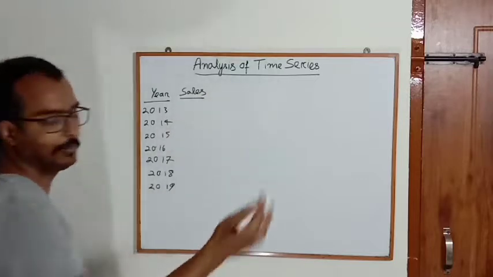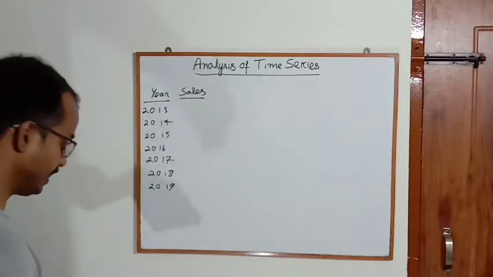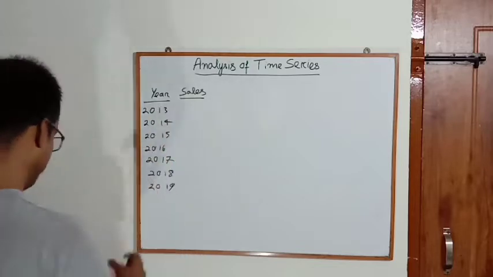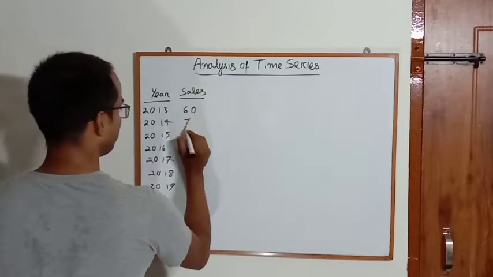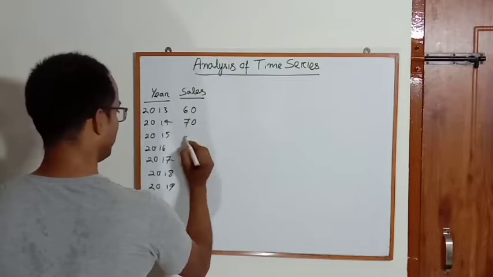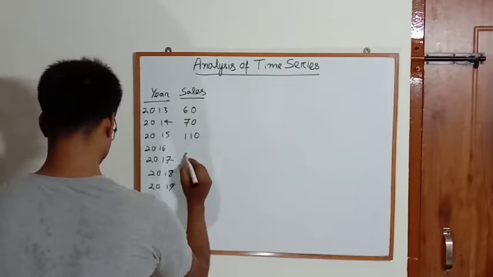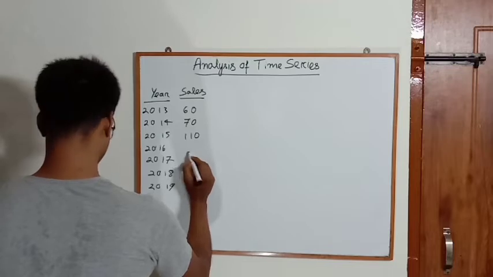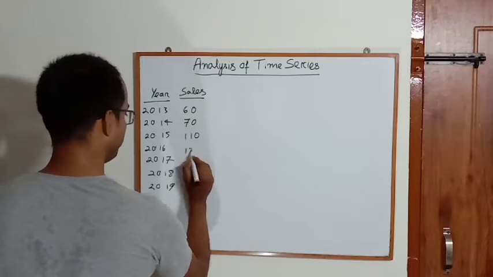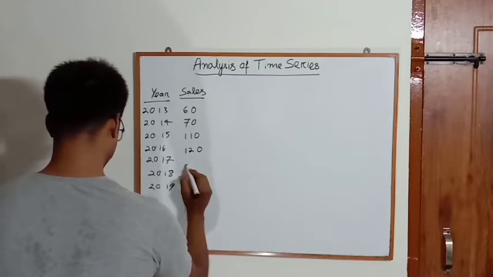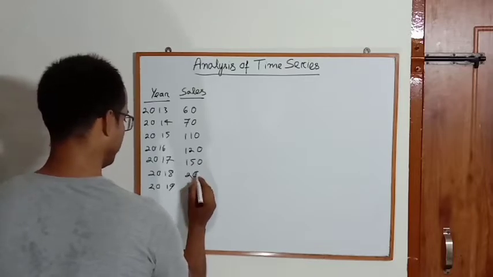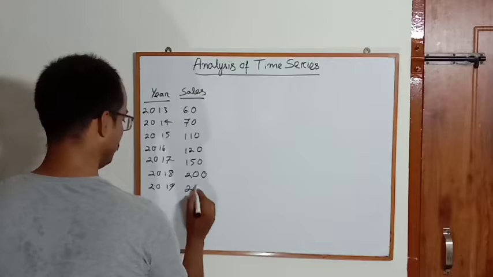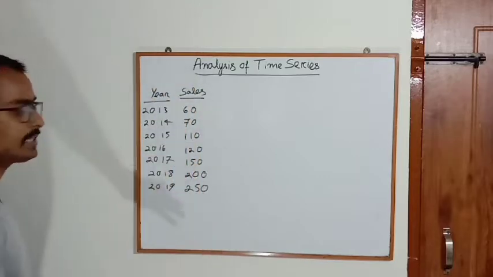Say sales of a particular farm, how much it sells, that is given here. 60, 70, 110, 67, 110, 120, 150, 200 and 250. So this is a time series.